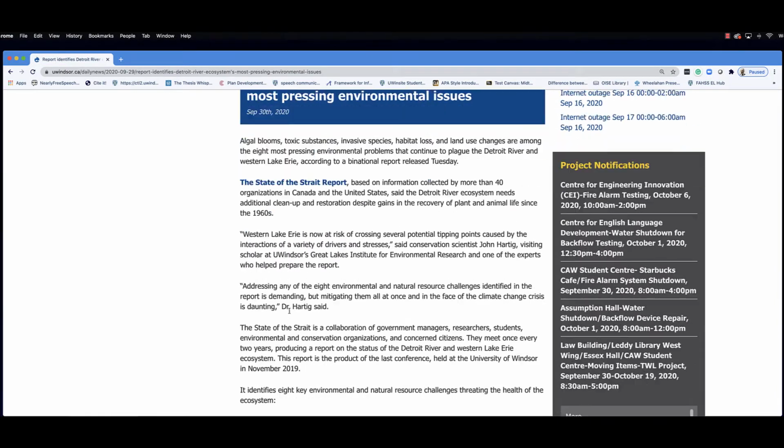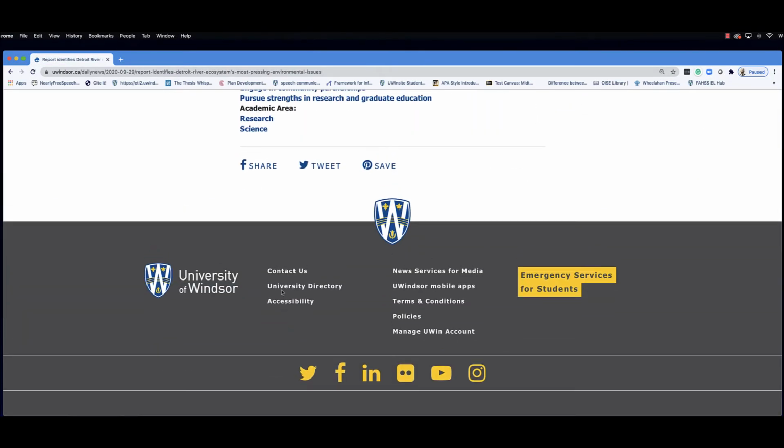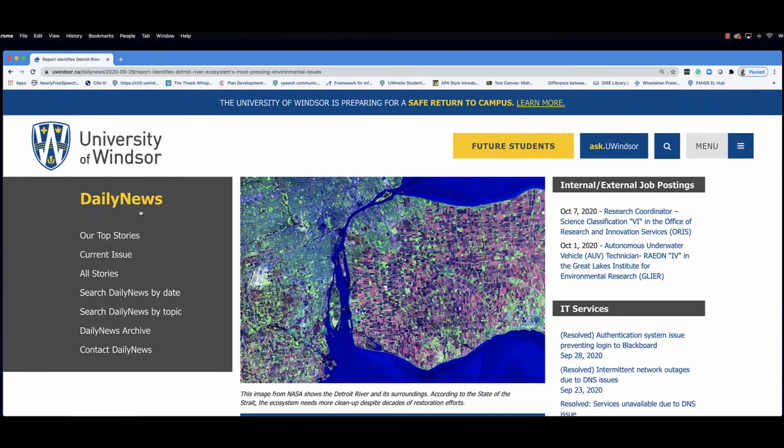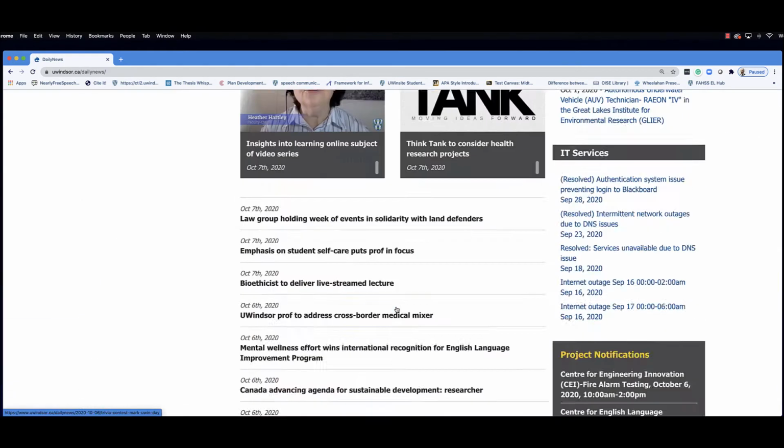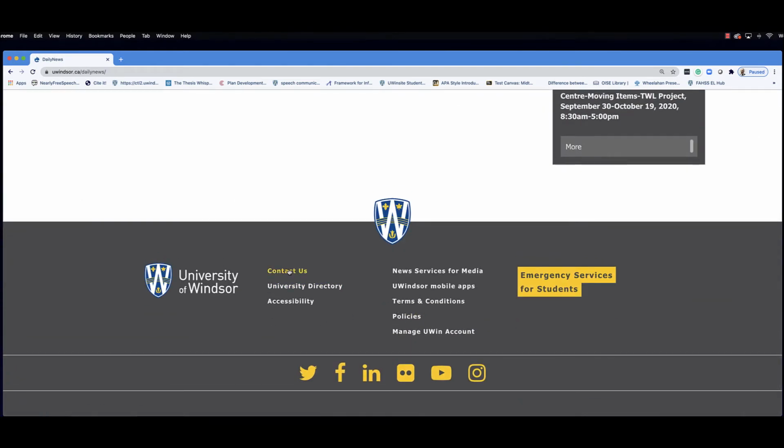Also, you want to pay careful attention to footer pages. No matter what university website you're on, if it's near the top of the main pages, you will see links to Contact Us, University Directory, Accessibility, News Services for Media, UWindsor Mobile Apps, Terms and Conditions Policies, and this one, Emergency Services for Students.